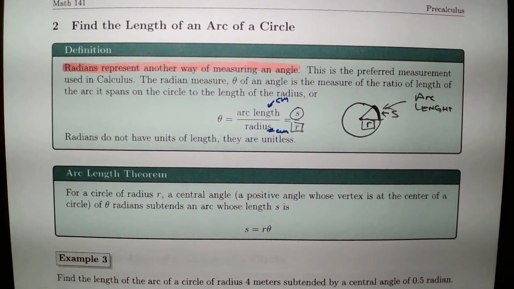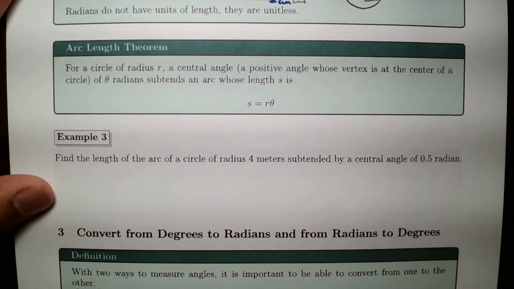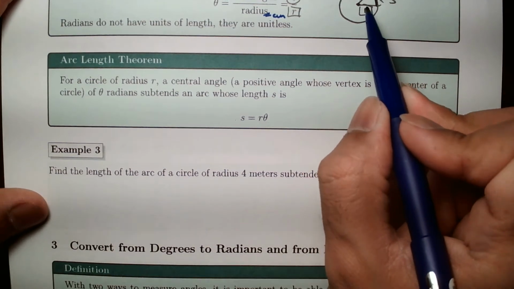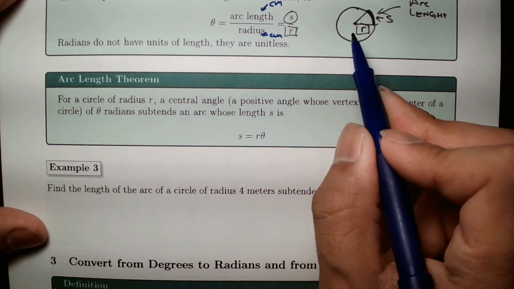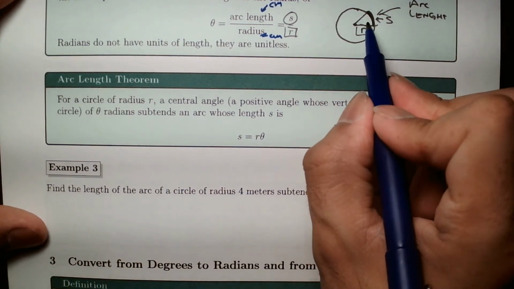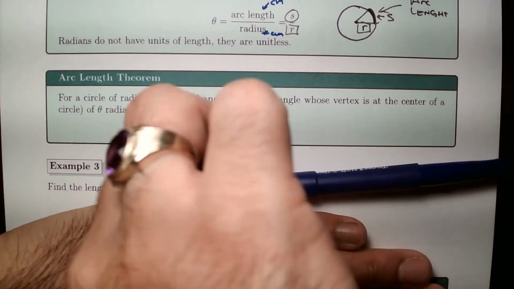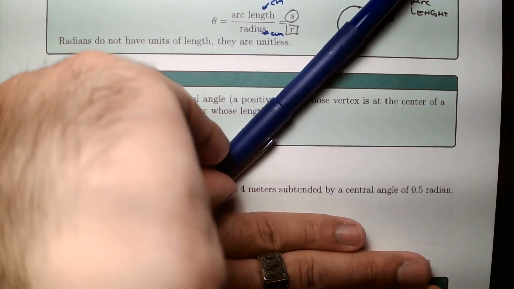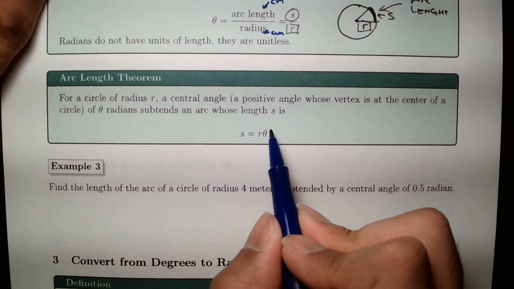Now, how do we calculate that arc length? For this same circle of radius r, which has a central angle, where the vertex is in the center of the circle, once we start opening the angle like this, the angle also forms some curvy length, and it's given by this formula.